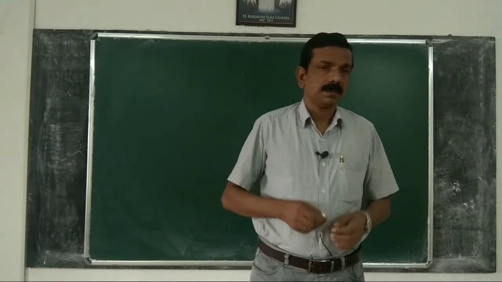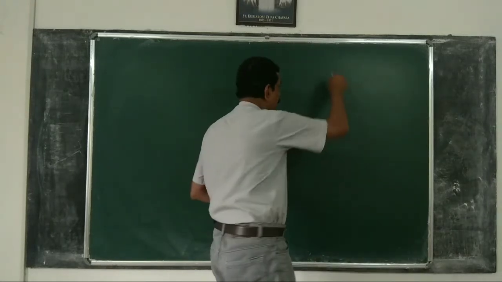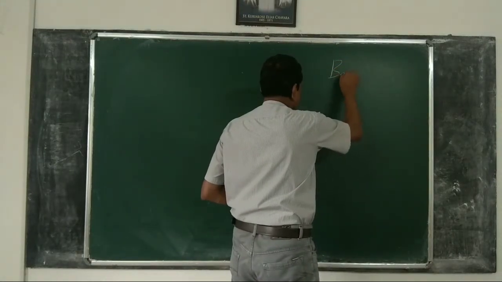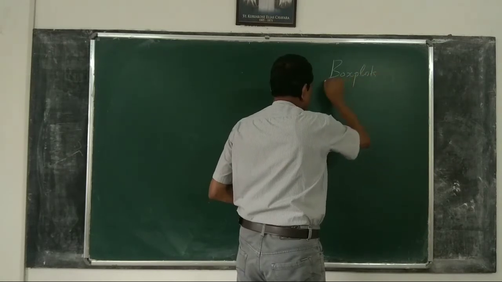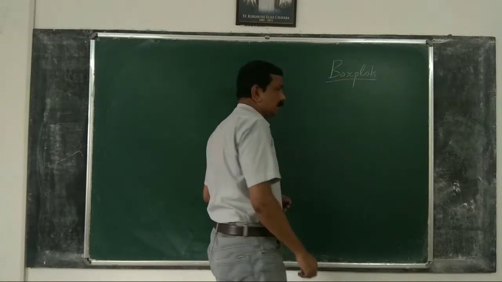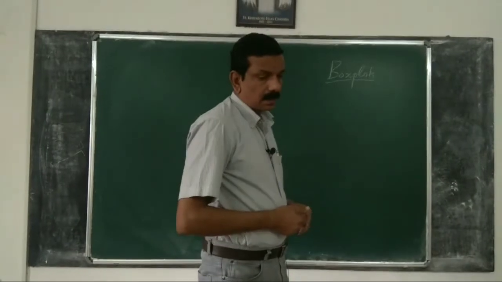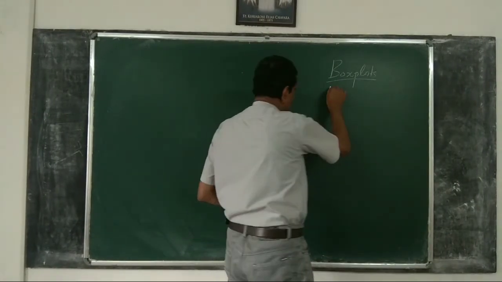This graphical representation is known as box plots, also known as box and whisker diagram.